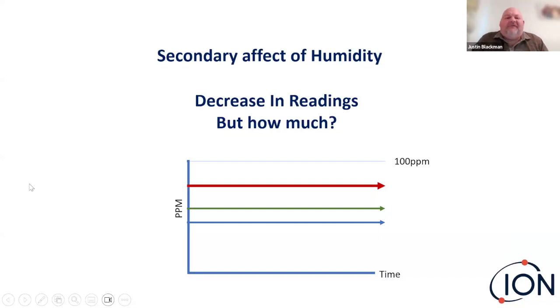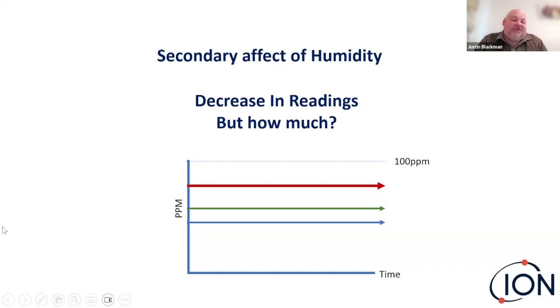So, an example of what we have going on, a perfect reading, I'll use 100 ppm again for this secondary effect. Now, I can tell you that all PIDs have a decrease in reading. It varies by manufacturer. And we know that it matters how big the detector is physically, how much space there is between the lamp and the electrodes.